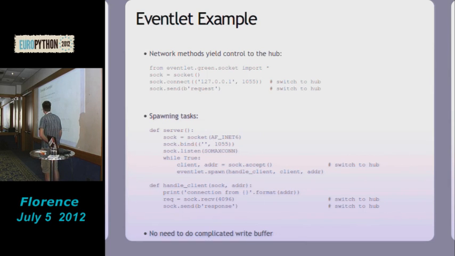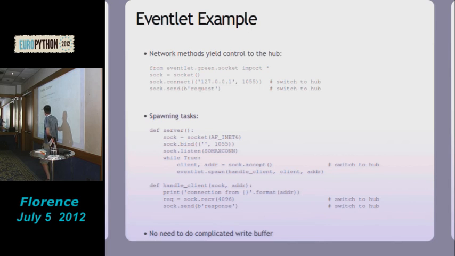So you're accepting a client, which is a blocking call. This will switch to the hub, and the hub will then switch back to you when you got a client, and then you spawn a handler. After you spawn the handler, you go straight back into accept, trying to accept the next client, which will switch back to the hub.